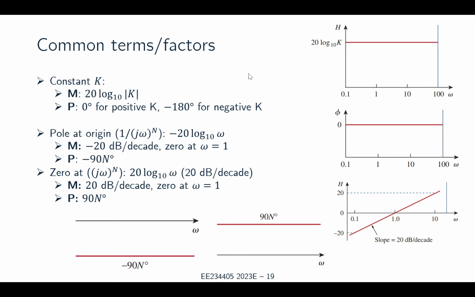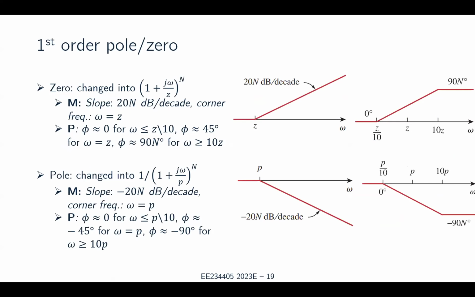Okay, sorry for the delay. So for the first order zero, it's changed into this term, 1 plus j omega over z. So z here is minus the zero, right? The zero would be at minus z, and here it has a slope of 20n dB per decade with a corner frequency, the frequency at which the value changes, at z.